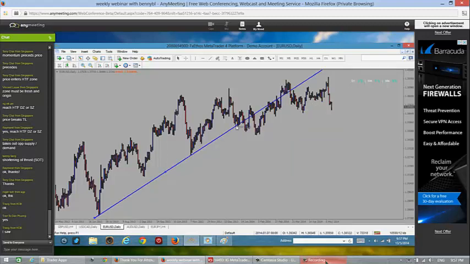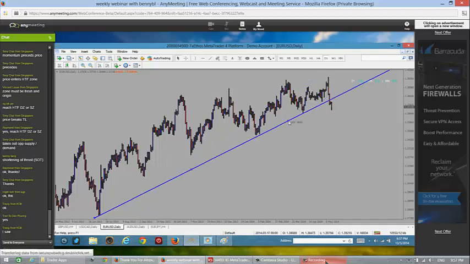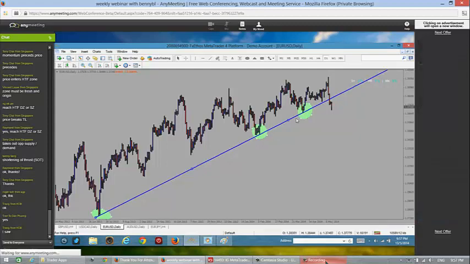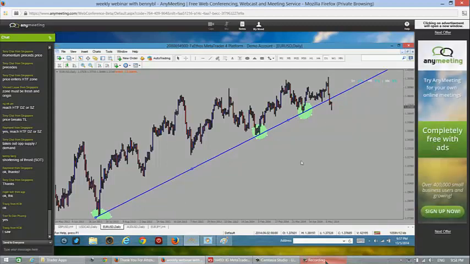Some people will pick a trend line which has multiple touches: one contact point, one contact point, and one contact point. They say this is my way of drawing a trend line because I choose the level where I have multiple contact points. Again, this is another way of doing it.